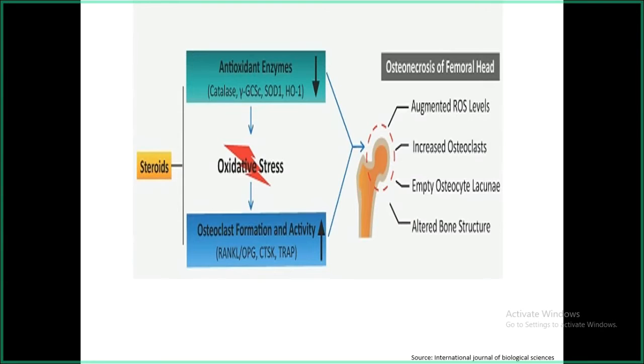The antioxidant enzymes are at a lower level, so oxidative stress is increased, and osteoclastic activity increases. That leads to augmentation of some enzymes, increased osteoclastic activity, empty osteocyte lacunae, and altered bone structure. That will lead to osteonecrosis.